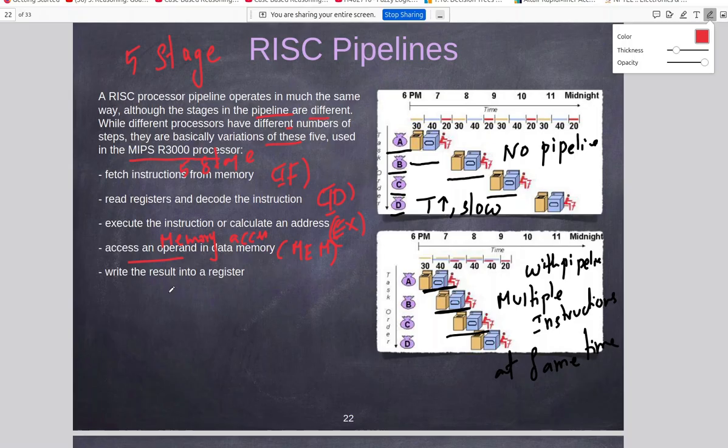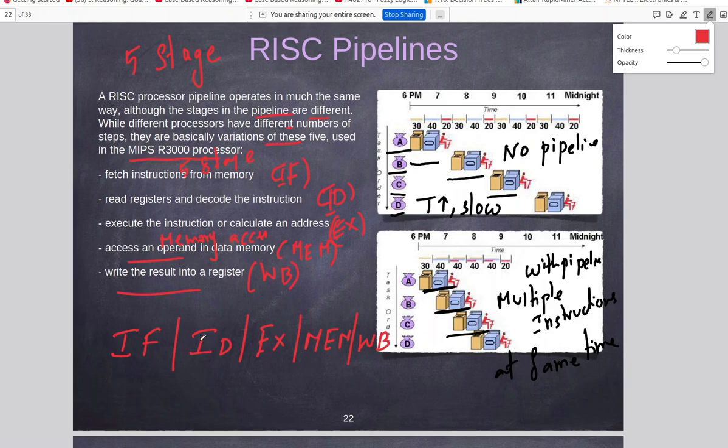And finally write back, or sometimes this is also called store. So the 5 stages are instruction fetch, instruction decode, execute, memory access, and finally write back.